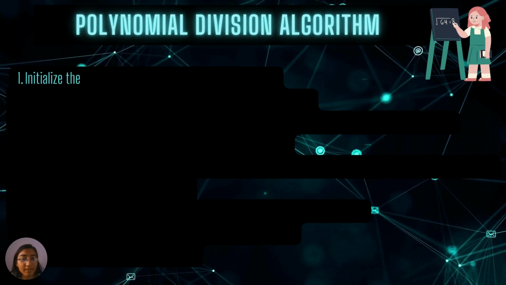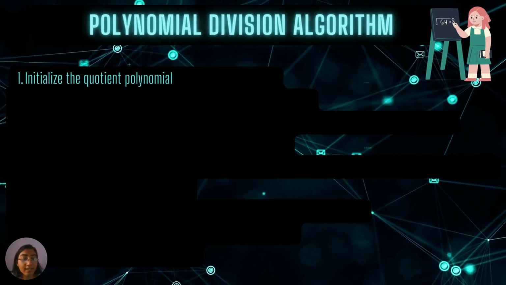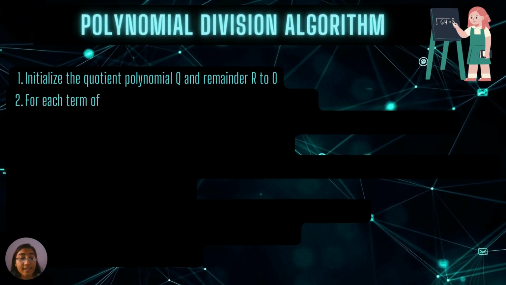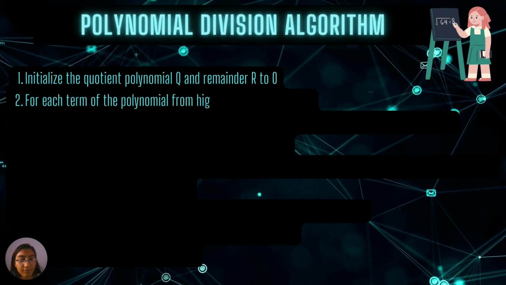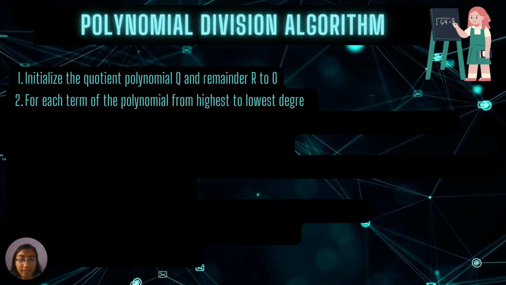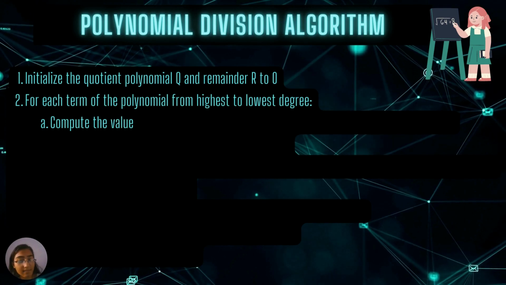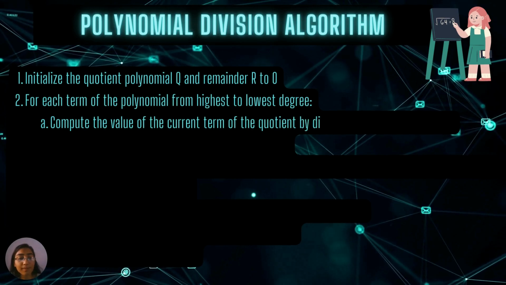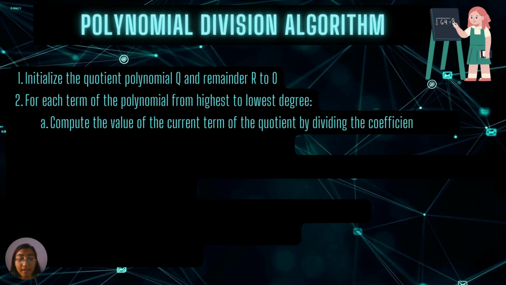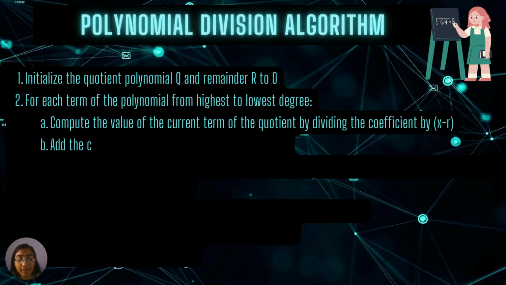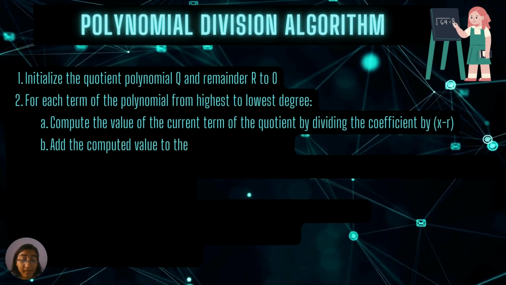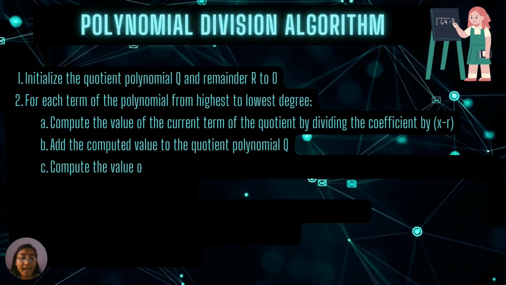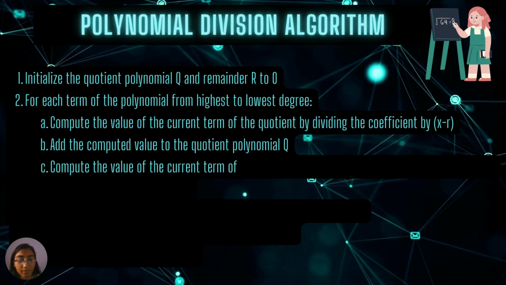So for the polynomial division algorithm, firstly, we will initialize the quotient polynomial q and remainder r to 0. For each term of the polynomial from highest to lowest degree, first we have to compute the value of the current term of the quotient by dividing the coefficient by x minus r, then add the computed value to the quotient polynomial q, then compute the value of the current term of the remainder by multiplying the quotient term by x minus r, subtracting the current value from the current term of the polynomial, and then finally adding the computed value to the remainder polynomial r.